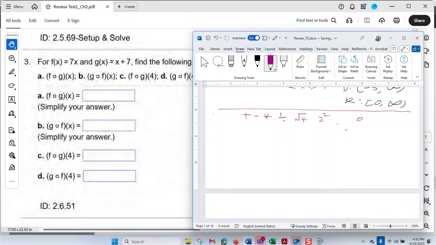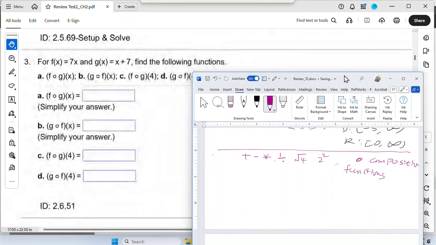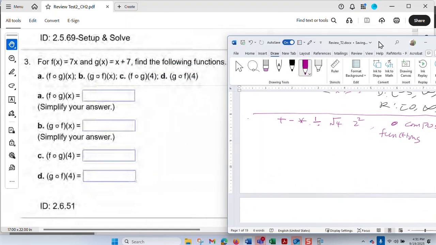This is only applied to functions, and this one is not multiply. This one is called composition, the composition function. So using the layers, the first one is the outer layer, the second one is the inner layer. All right, so let's go ahead and do this one right here.